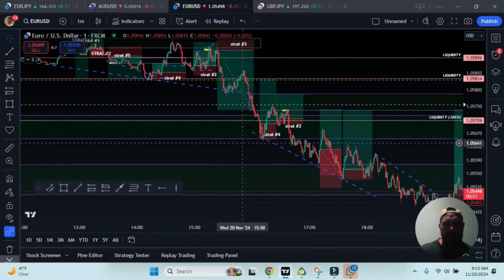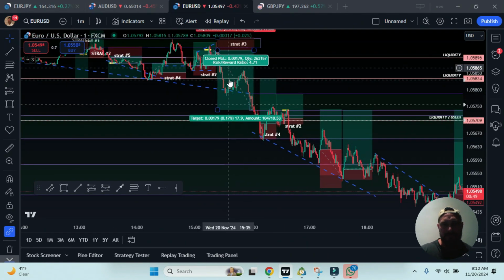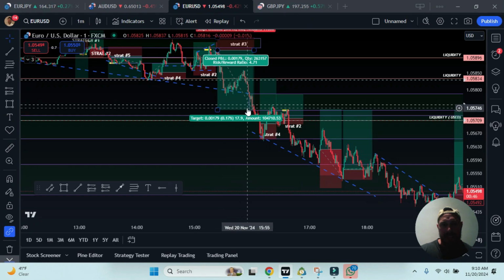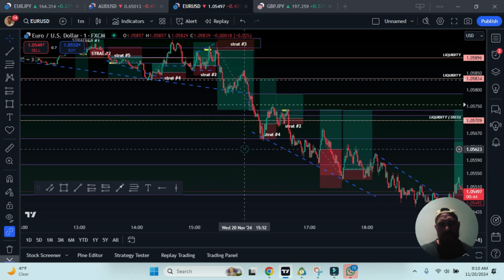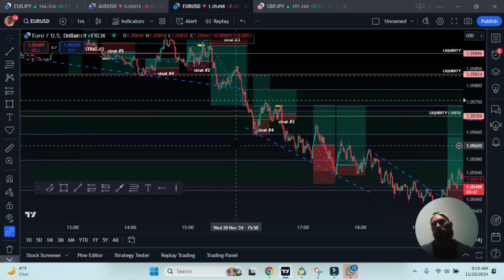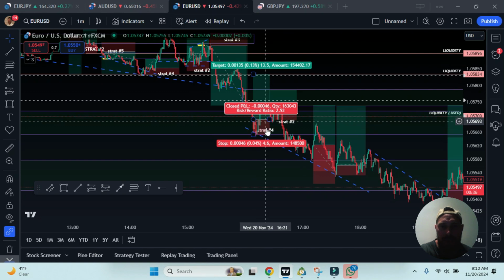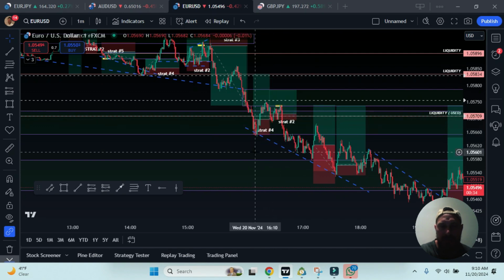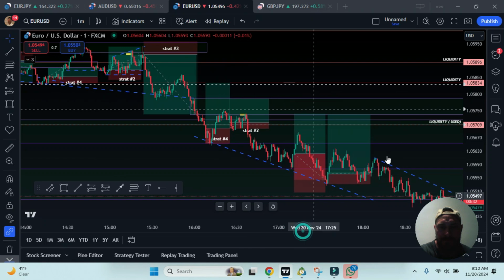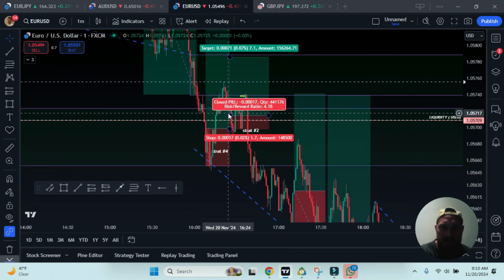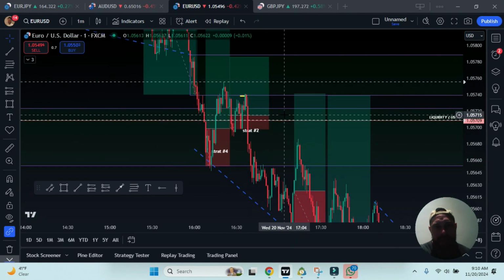First and foremost, we broke down here, and I did hit my full target on this, and I was up 2% on the day, a little bit over. We pulled liquidity, and on this, I bought on this break of liquidity here. Liquidity got broken right on this level, right here.